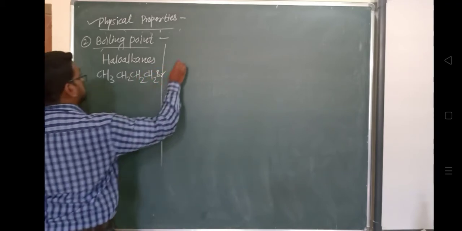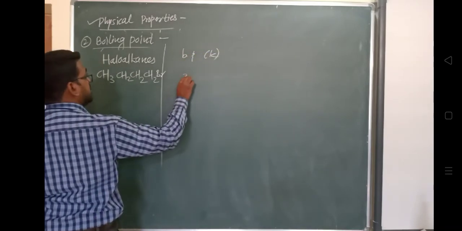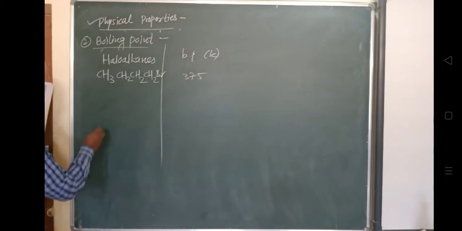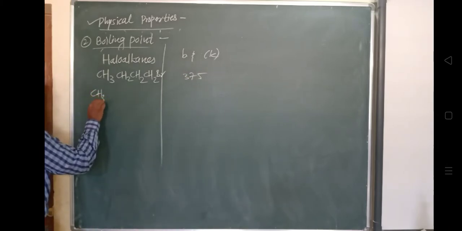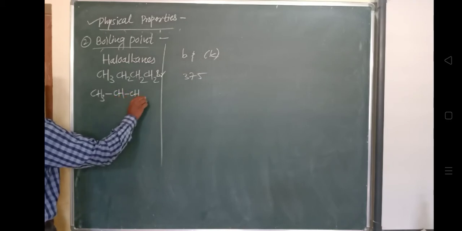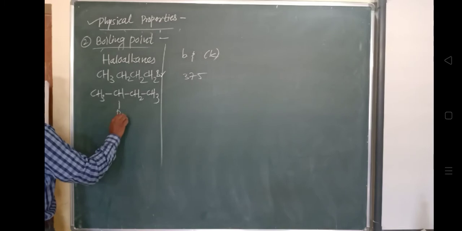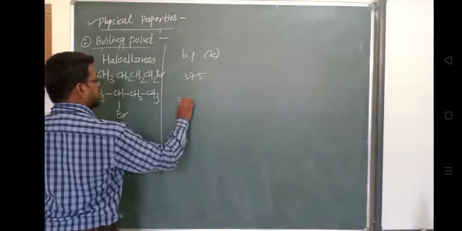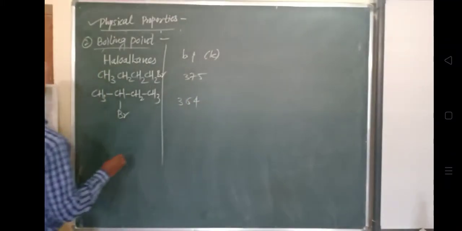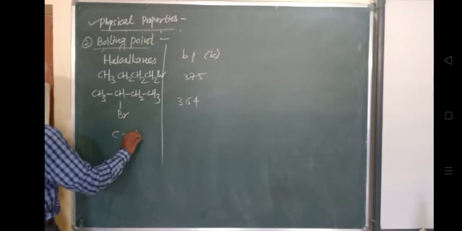Its boiling point in Kelvin, look at this, is 375. Another, CH3CHBrCH2CH3, is 364 Kelvin, and another, a branched one with CH3, is 346.